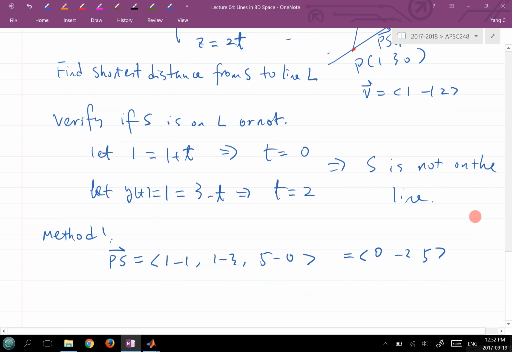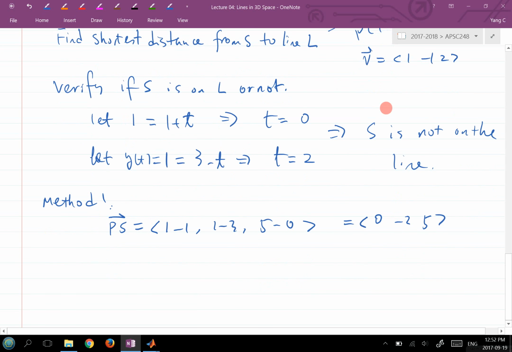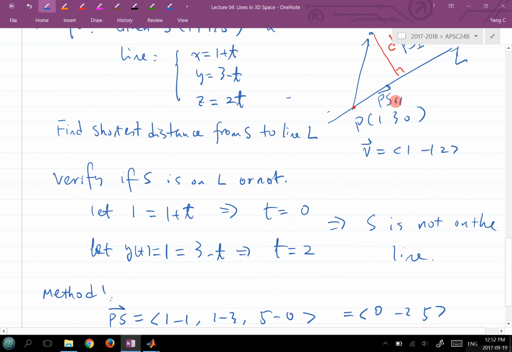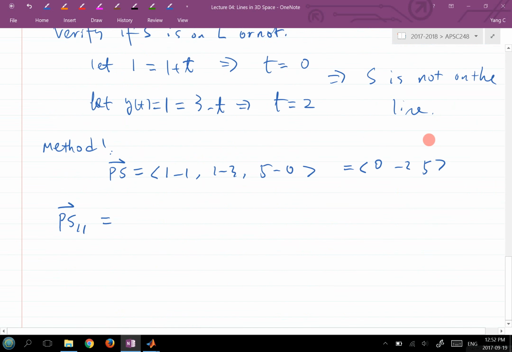So we get the PS vector, and then we try to get the parallel vector PS in the direction of the parallel vector V. If you recall, this is basically the same thing that we did in the review section. To find this PS parallel, a vector always has two components: one is the length, the other is the direction. The length here is the projection of PS. How do you get the projected length?